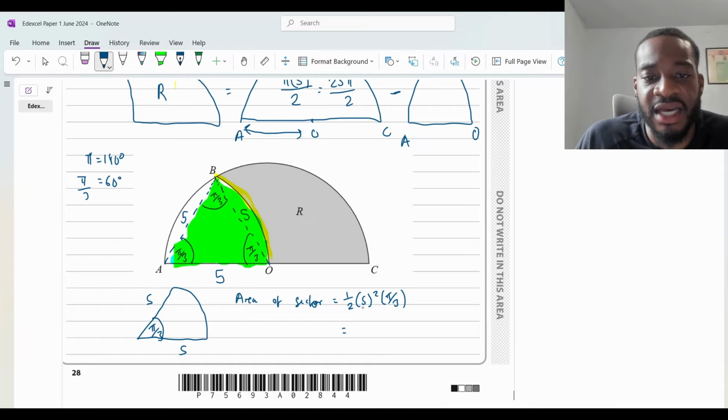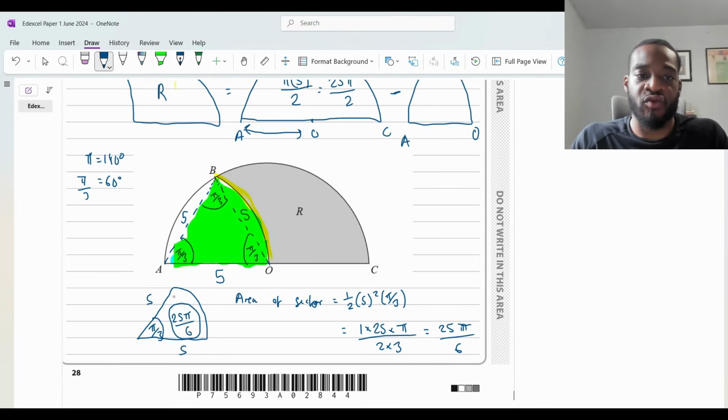So that is 1 times 5 squared is 25, times pi over 2 times 3. That is just going to be 25 pi divided by 6. Okay. So we know that the area of that sector is 25 pi divided by 6.